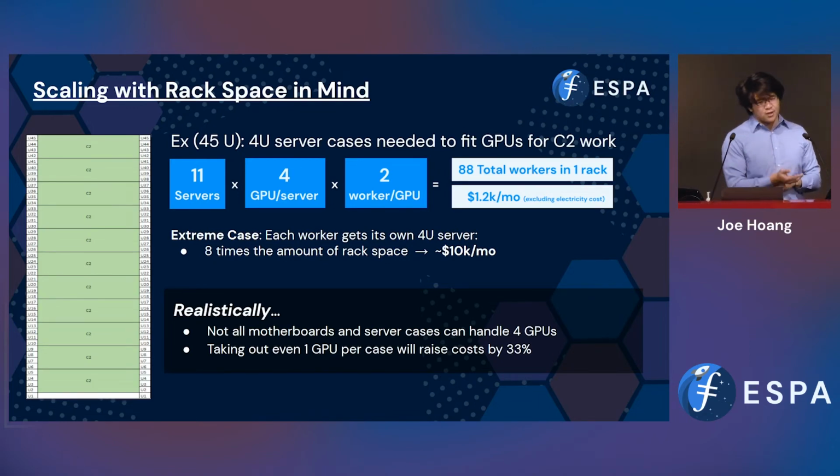It may only handle 3, maybe 2, but you'll find that even then, your rack space cost could go up 50% to 33%, or however many proportionally to what you take out. And then if you combine the fact, in PiKNiK's case, that we have condensed C2 workers and PC2 workers and PC1 workers, you can see how the rack space can begin to add up.